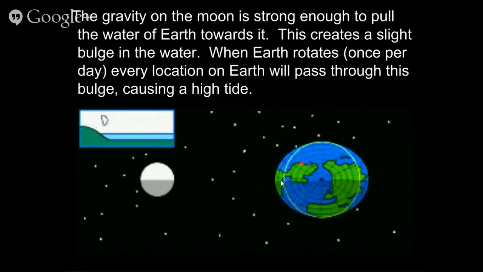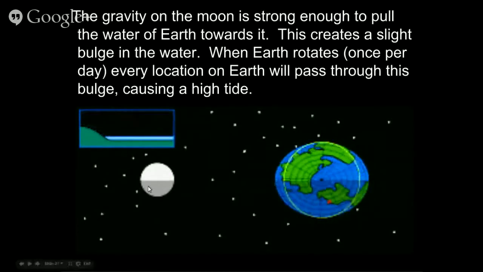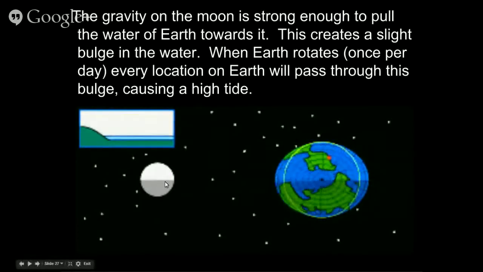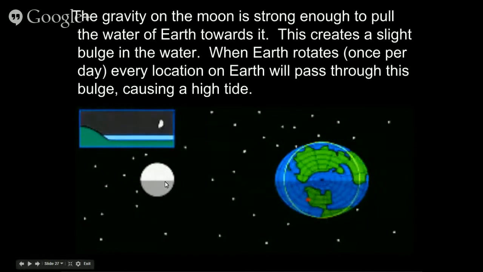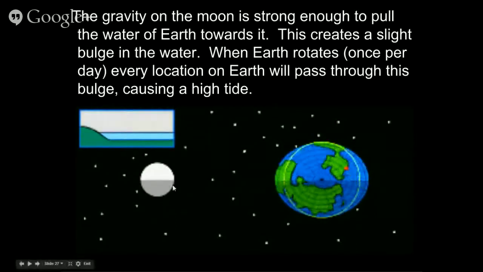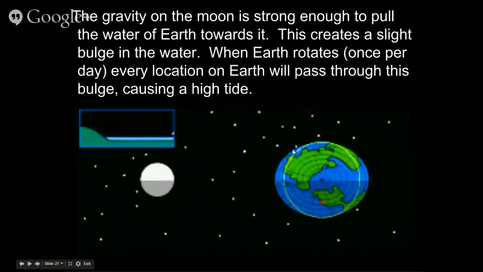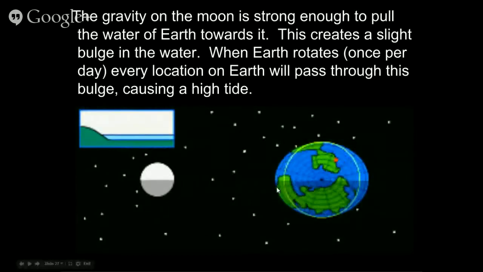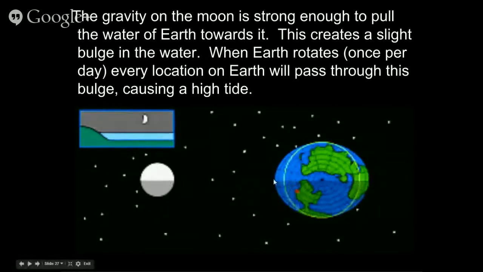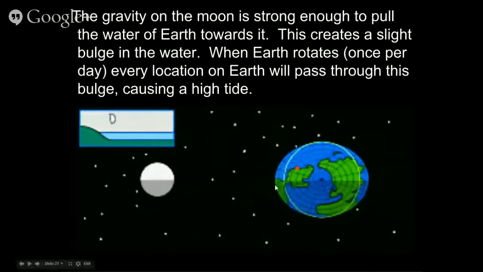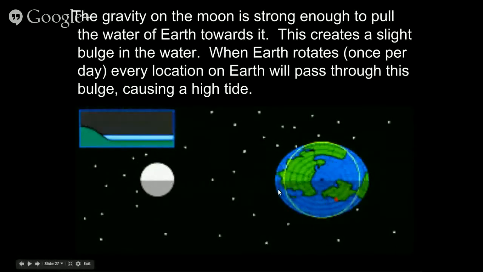The bulge of the water, the pull of the water, doesn't move because the moon, for one day at least, remains relatively stationary. While we know it is orbiting, it's orbiting slowly enough that for all intents and purposes, we can say that the moon is standing still. So the Earth moves around, and as each portion of the Earth passes by the moon, the water gets pulled towards the moon. So we experience a high tide as we pass around the moon.